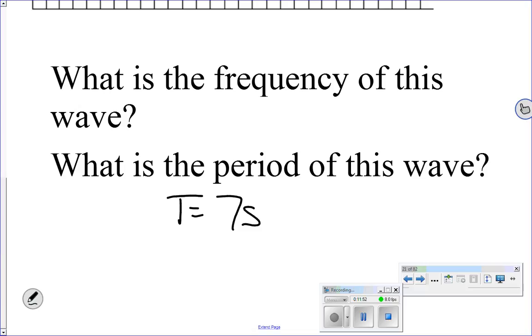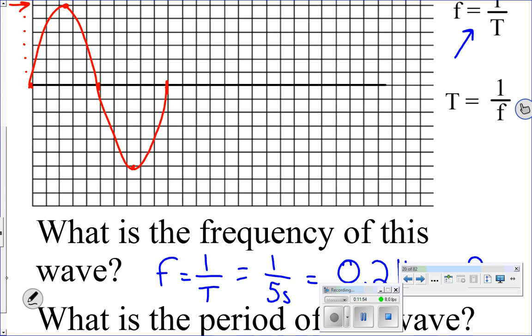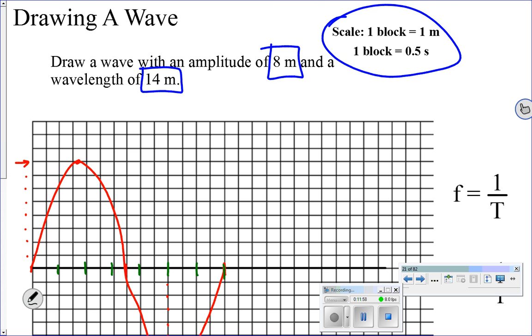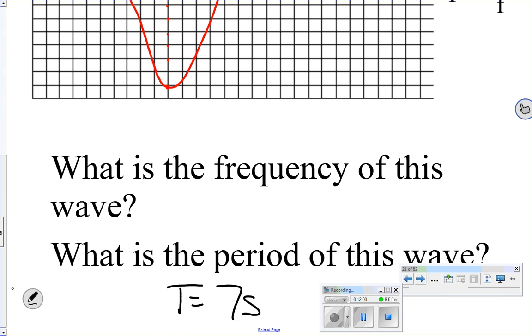I'm going to make sure I put it on the last one. Yes, I did. Good. So you do need your unit of seconds with that. And then my frequency is going to be 1 over period, or 1 over 7 seconds. So the frequency of this wave is 0.14 hertz.